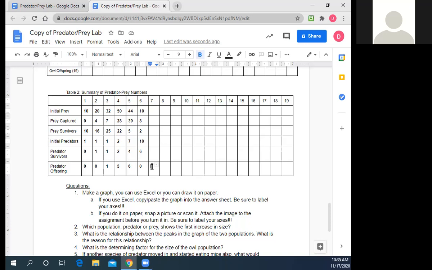So I'm going to go ahead and add 8 more of these to bring us up to our 10 that's our minimum. There's 10. So initial prey back up to 10. Initial predators is going to stay 6.